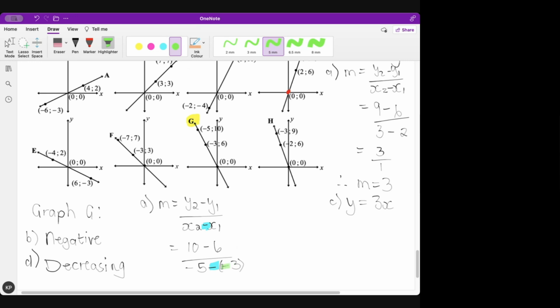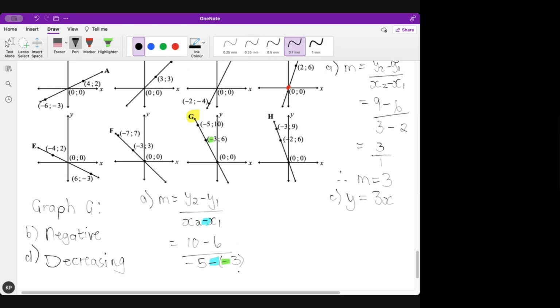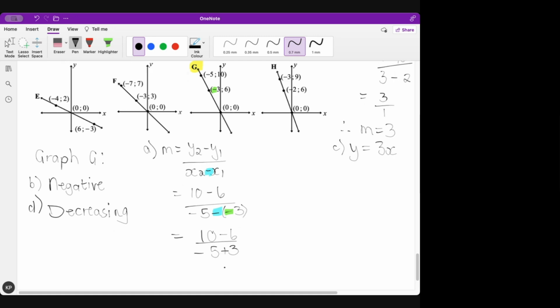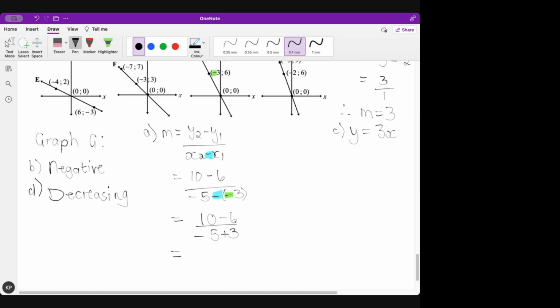The second negative is because of the coordinate itself. And what is that negative going to cause? It's going to cause this whole symbol to become a positive. So I'm going to have -5 plus 3. Great. So then 10 minus 6 at the top in the numerator.